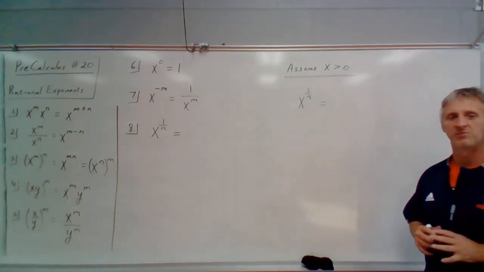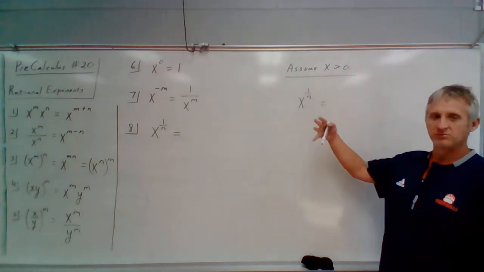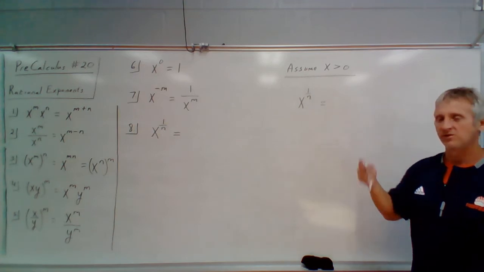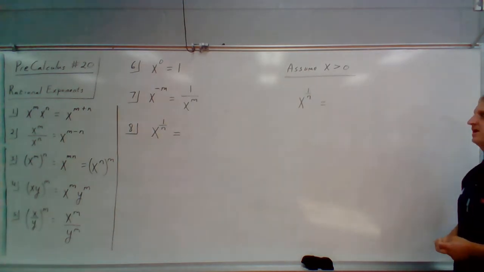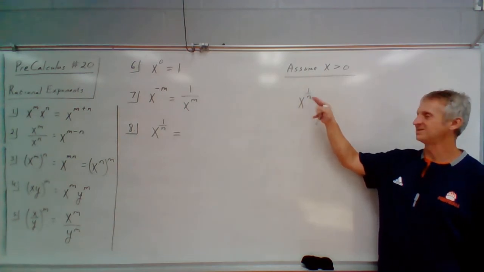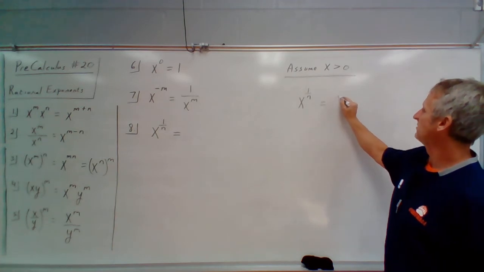All right, so let's see if we can prove our conjecture about what we think this is. So just as in the previous example, if we had x to the 1/3, we kind of thought that meant the cube root of x. So we might guess that x to the 1 over n is the nth root of x. But let's pretend we don't have any idea.